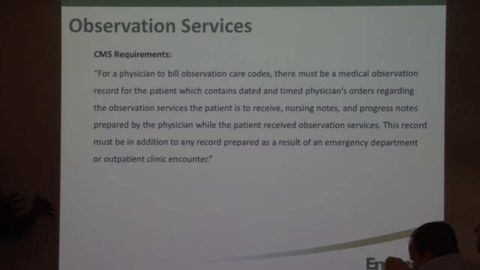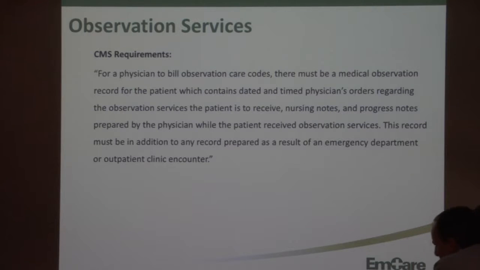So we put an order for observation in the enterprise system. In addition, there's going to be a necessary statement, usually composed in your macro in that first statement, which tells the reason why the patient requires observation. Something along the lines of, patient presented for abdominal pain, requires observation for further evaluation and treatment. That will usually be the beginning statement.